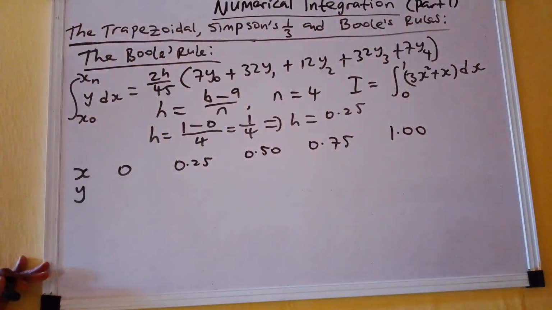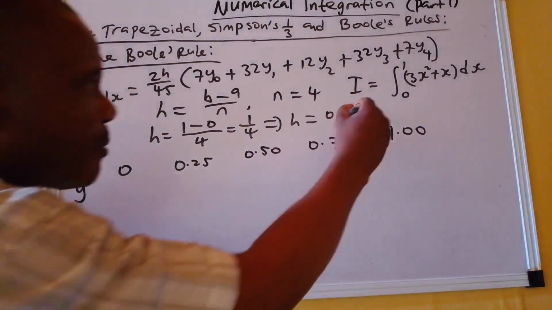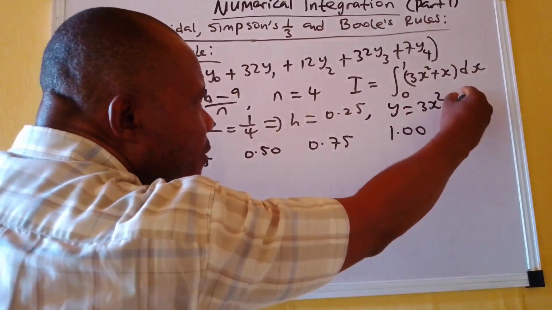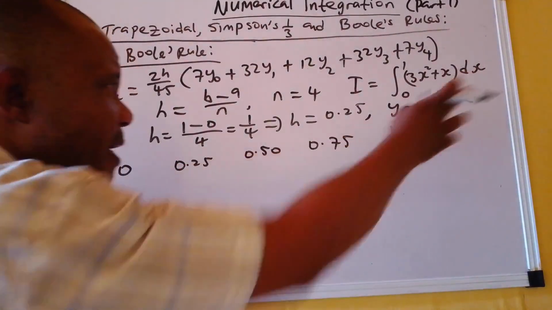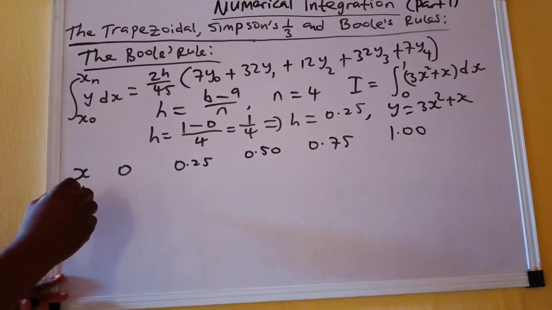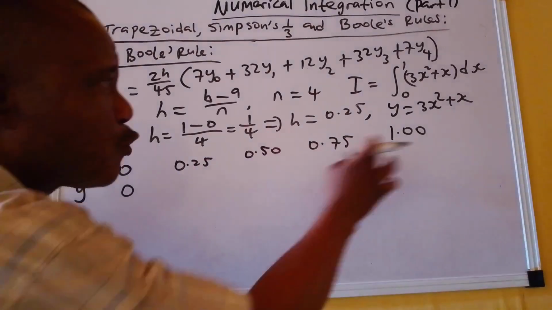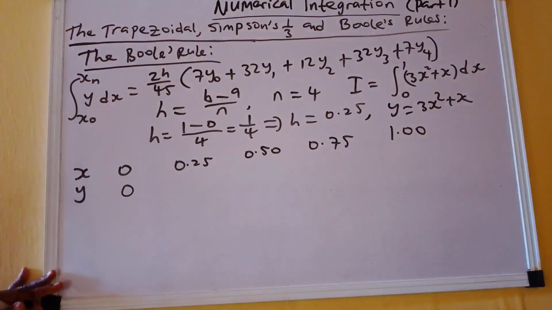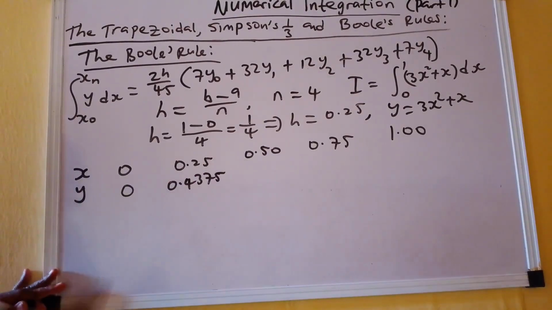Now, when x is 0, of course, what will become of our y? Our y will be equal to 3x squared plus x. When x is 0, 0 squared times 3 plus 0 is 0. When our x is 0.25, 0.25 squared times 3 plus x will give us 0.4375.